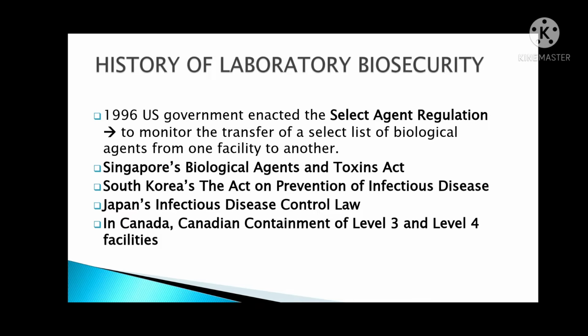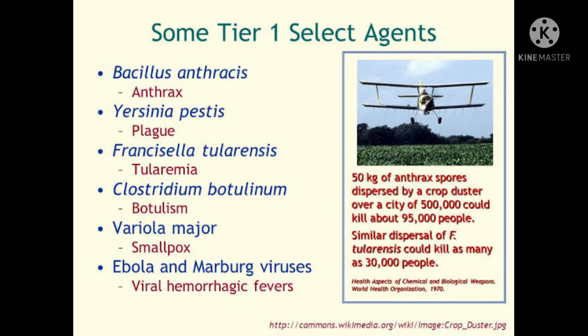The revision of the Select Agent Regulations in 2012 sought to address the creation of two tiers of select agents. Tier 1 agents are materials that pose the greatest risk of deliberate misuse, and the remaining select agents.